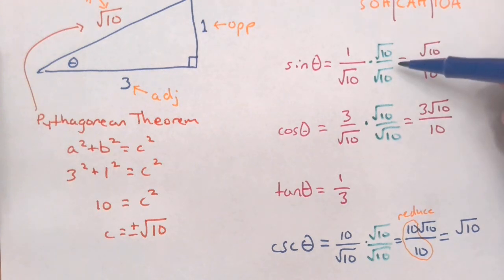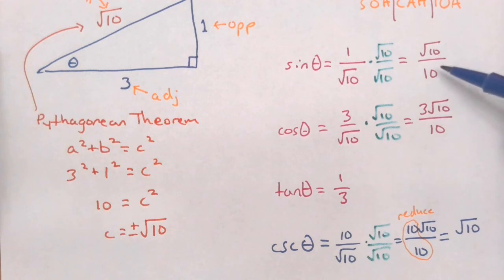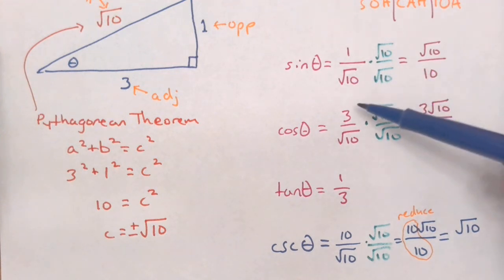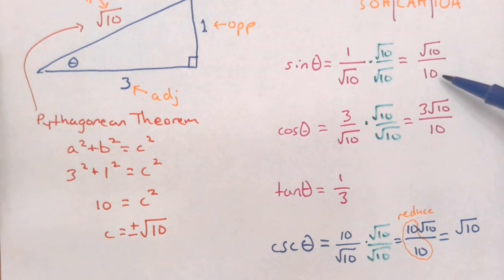So sine, its reciprocal is cosecant. I just need to take my answer for sine and flip that over and then simplify. There is a little shortcut that you can do on some of the problems some of the time. The fractions that I had up here in pink for sine are actually both the same number. They're both the same decimal.